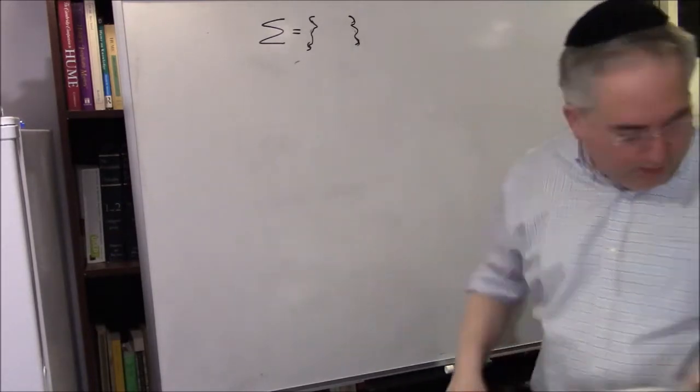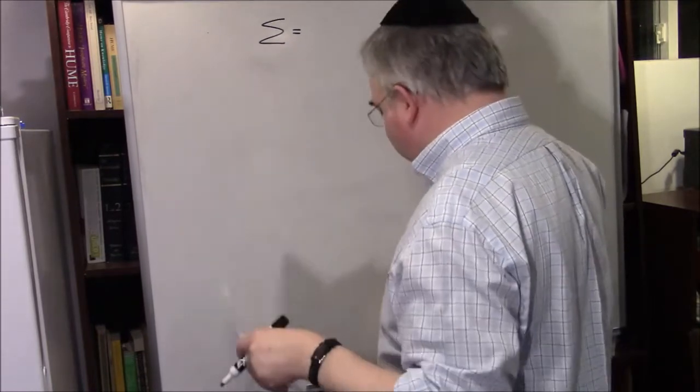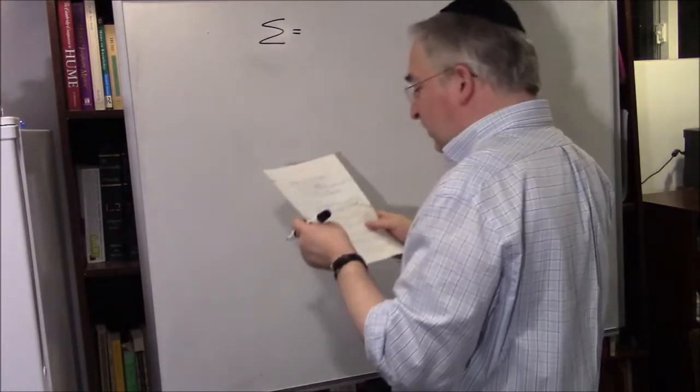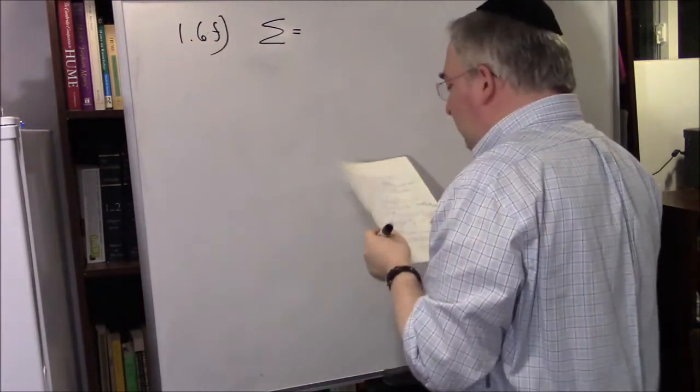We do the harder ones, and you're left to the homework to do the easier ones. So this is 1.6F, I think. I'm sorry. This is 1.6F. Okay. So let's do it.